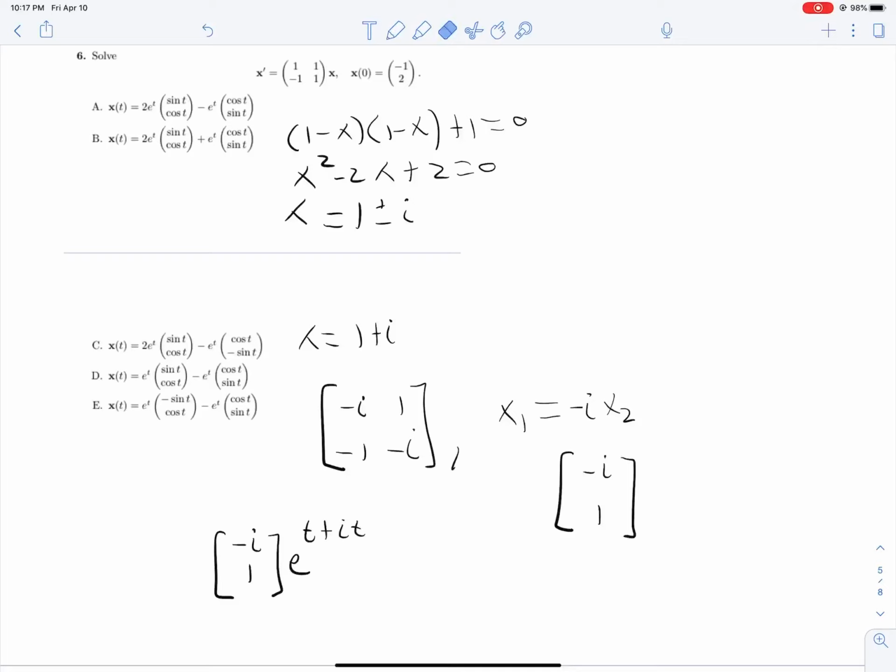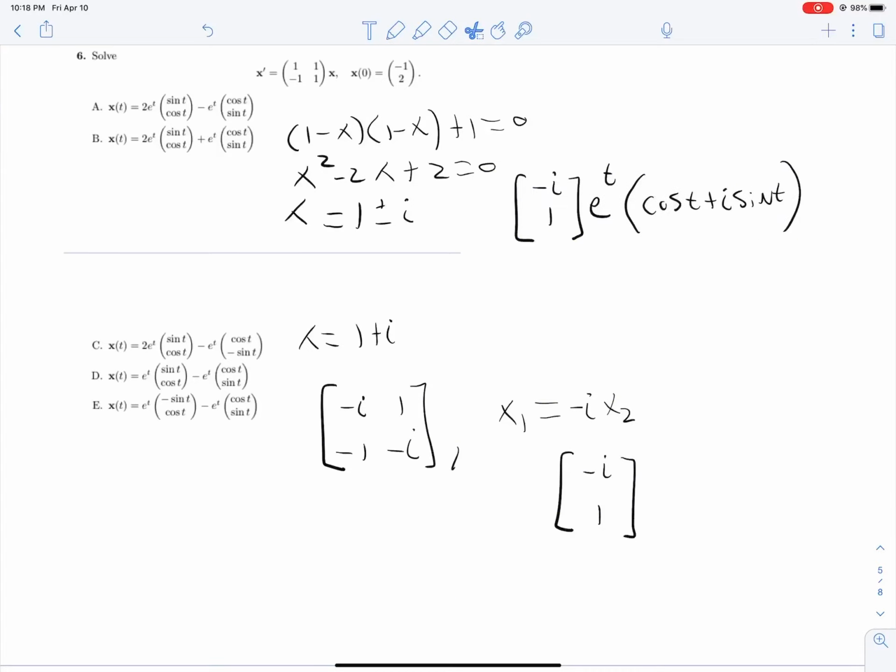And we can take this e to the it, take it out like that, and turn it into cosine t plus i sine t. And with this, we can make our real and imaginary portion of our solution and eventually find x of t as a result. So I'm going to move this up here, and we can continue.